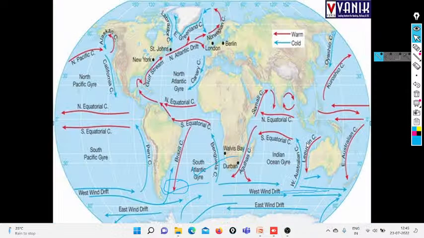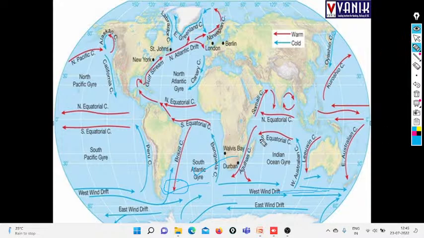On the coast of Brazil it is more clearly visible.